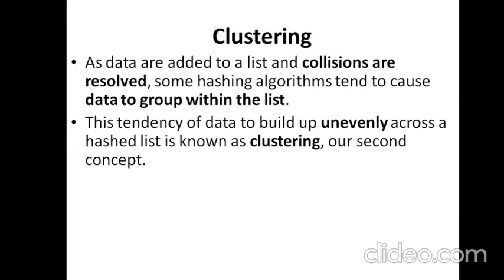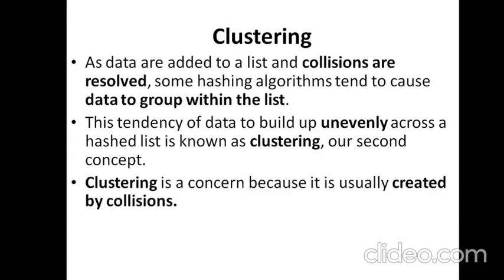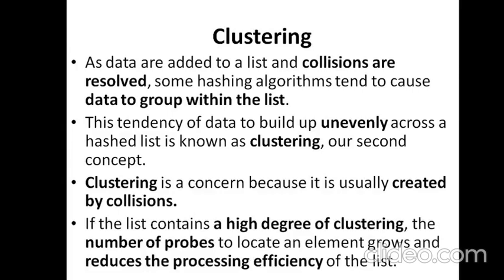So when we reposition the collision keys, they tend to distribute unevenly across the hash list, leading to the two problems I pointed out: searching among the collision-resolved keys is going to be a tedious task, and they may cause secondary collisions, as we already saw. So clustering is a concern because it is usually created by collisions. If the list contains a high degree of clustering, the number of probes to locate an element grows.